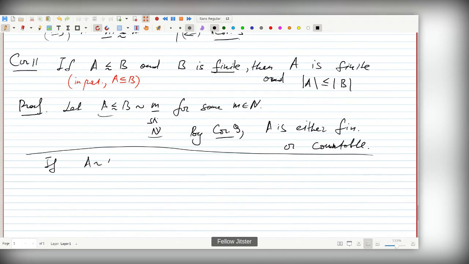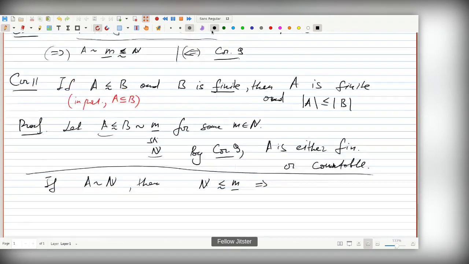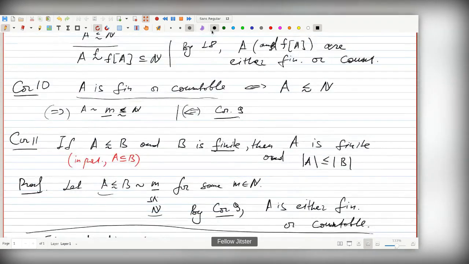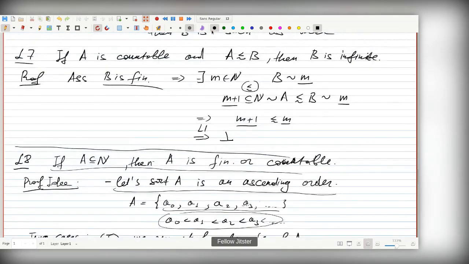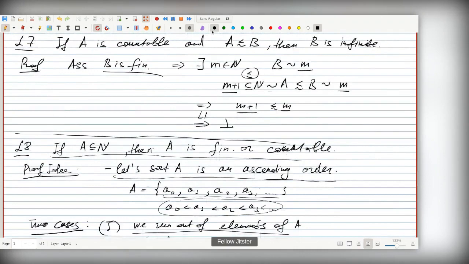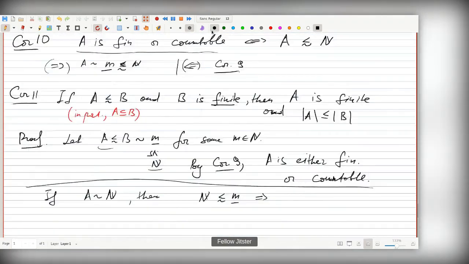If A is countable, then we have that n underlined is embeddable into M. But if something is embeddable into a finite set, it is okay.